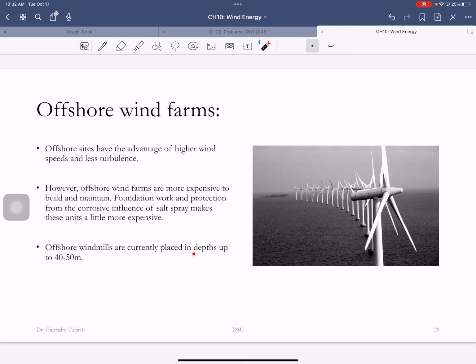Offshore windmills are currently placed in depths of 40 to 50 meters. That is about twice the height of the health science building across the street, which is about 20 meters high.